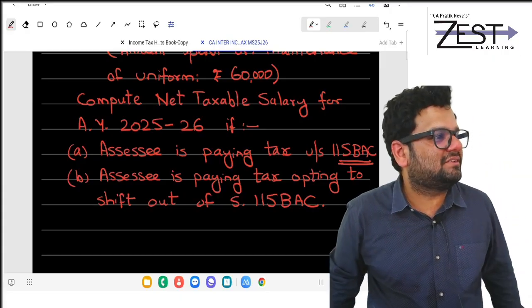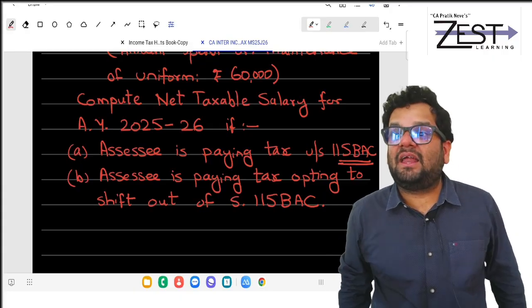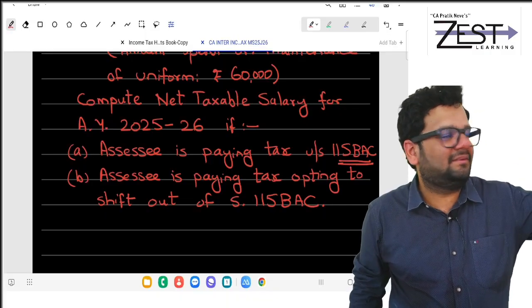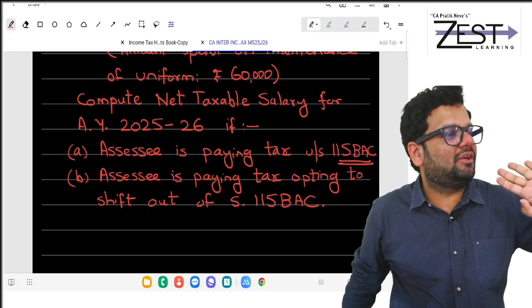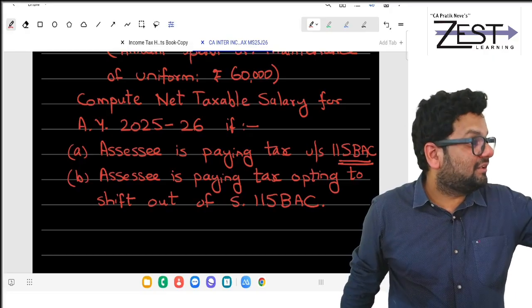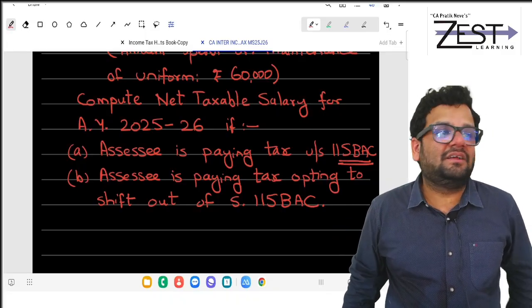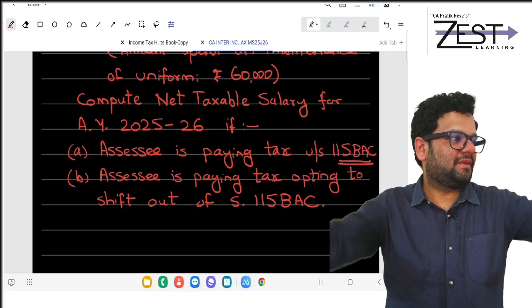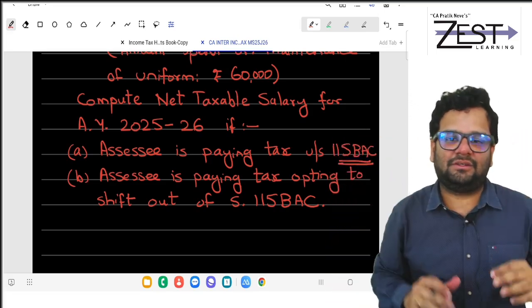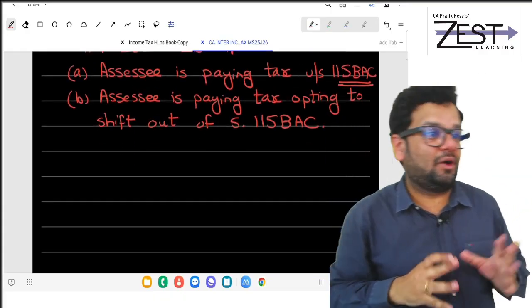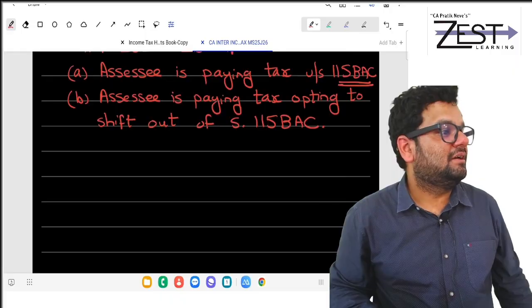That much you will minus, and allowances which you have taken will not be allowed, so that you will add. Either of the ways you can do it, or you can sit and calculate in both, but that is unnecessary double working. Okay, so don't take tension. I am here. I can see tension on your faces. It is easy.